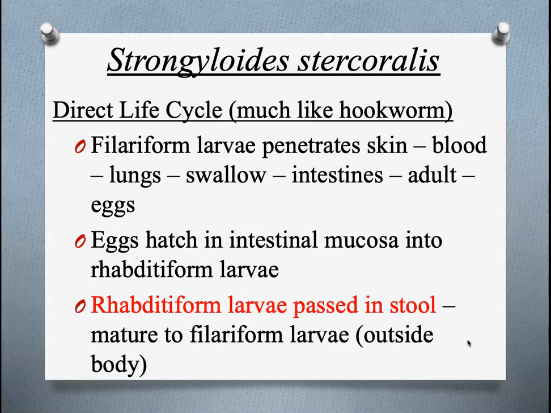It's rhabditiform larva in stool or feces. Then rhabditiform larvae reach soil and mature into filariform larvae, and then filariform larvae are able to penetrate the skin of somebody else. So this is the direct life cycle, much like hookworm.